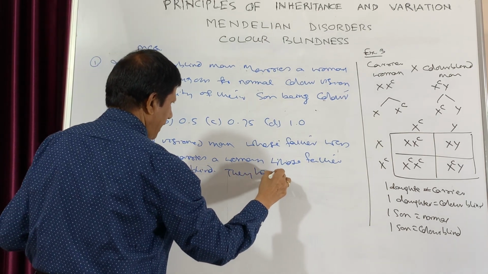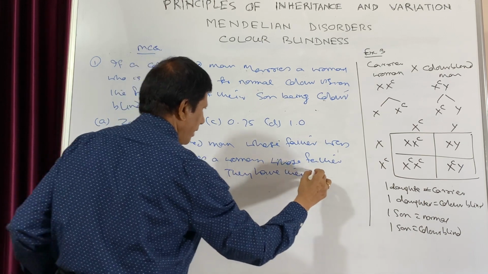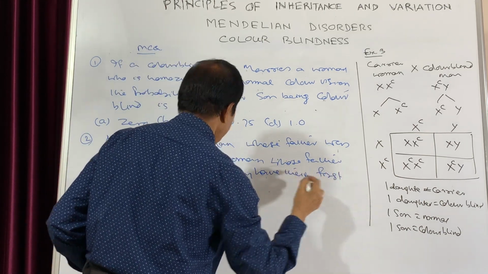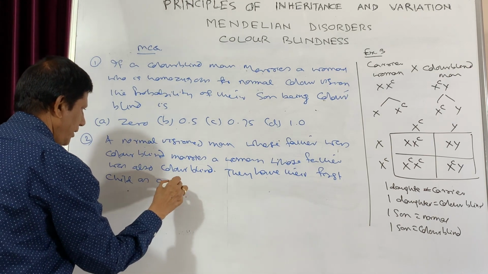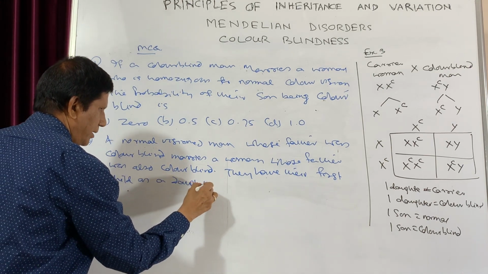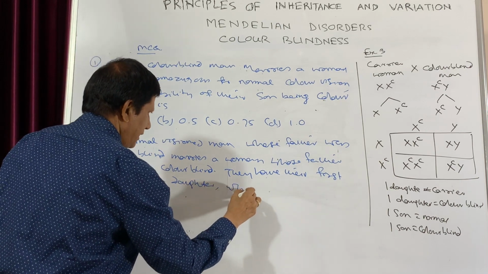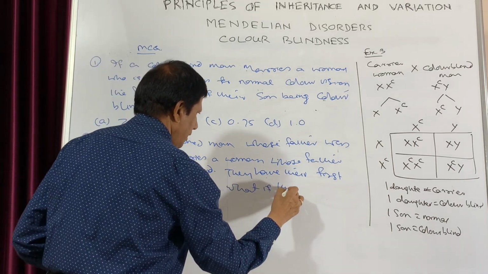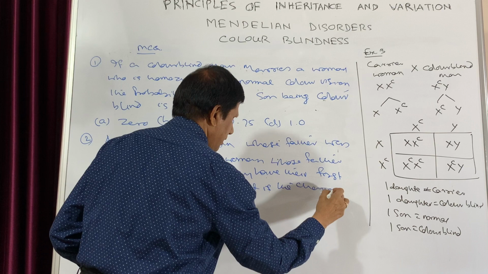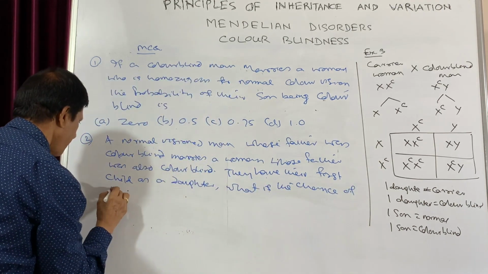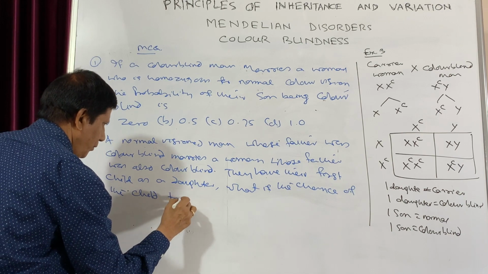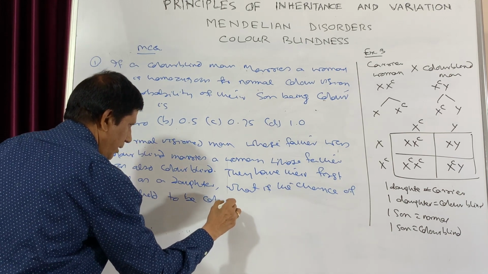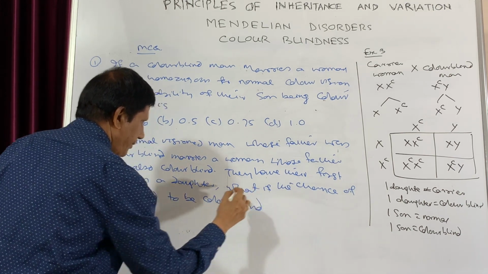They have their first child as a daughter. What is the chance of the child to be colorblind?